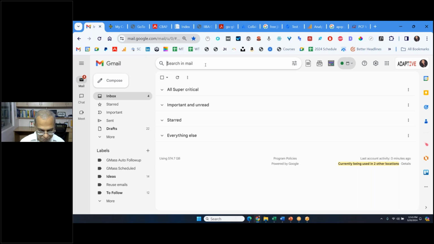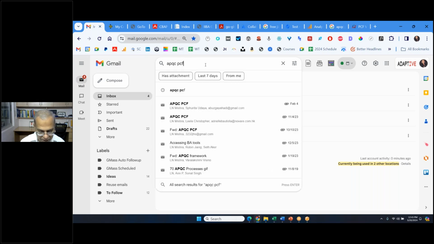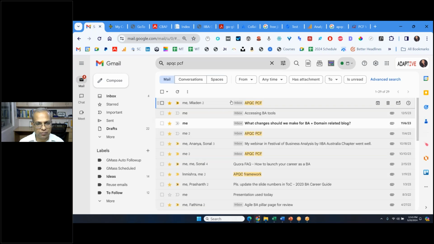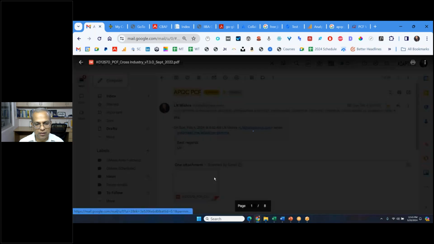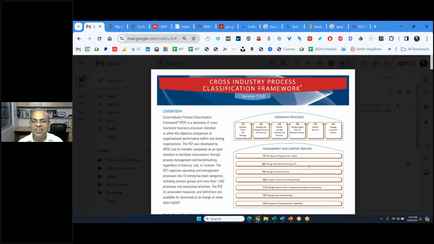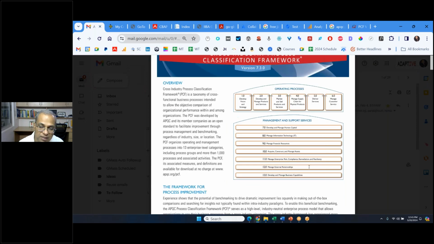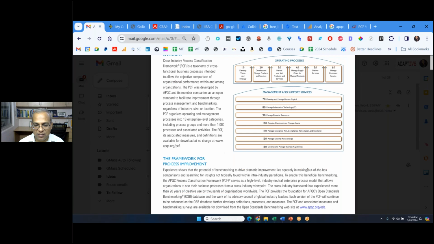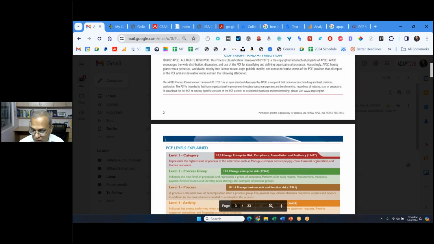So I just type APQC PCF. Okay. So this is a very good starting point for any new business analyst, even some of you senior business analysts, to understand what happens in every function, every organization in your enterprise. Okay, so this is an example, great document.